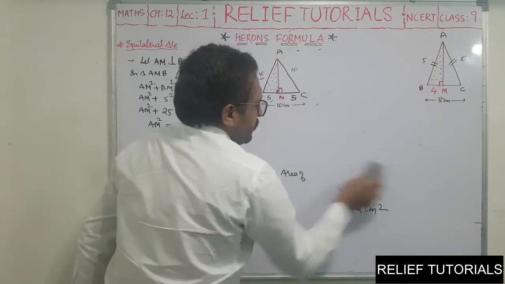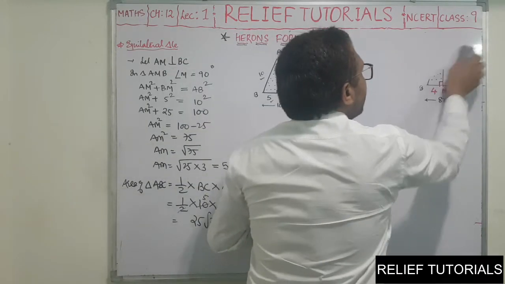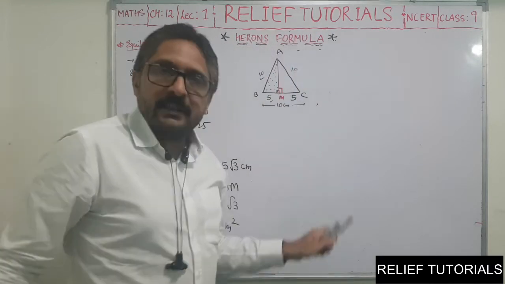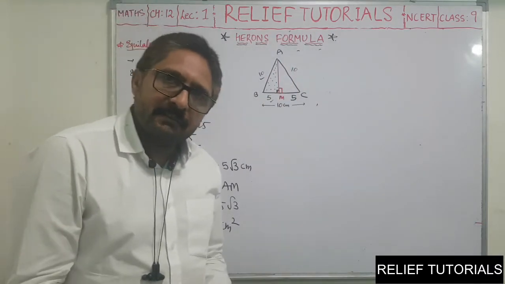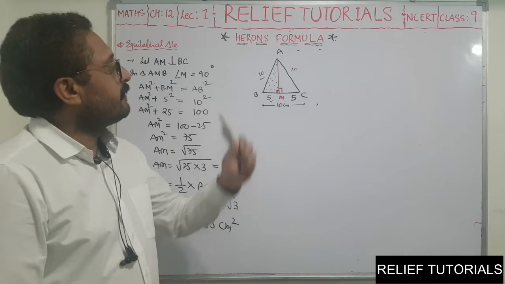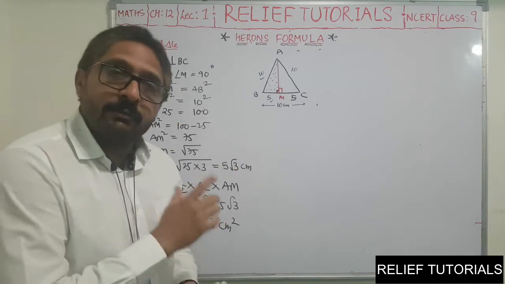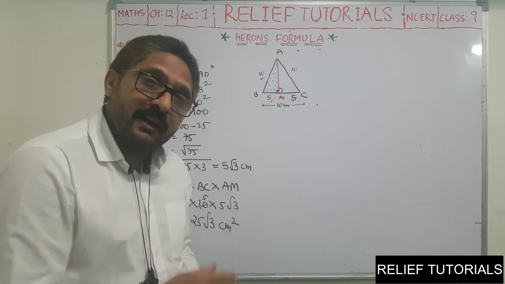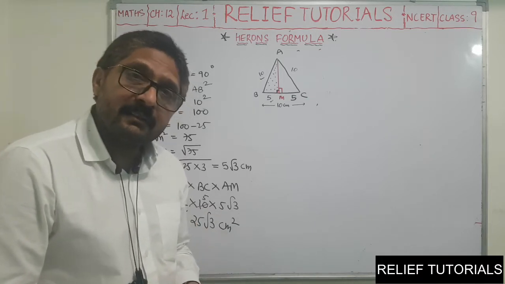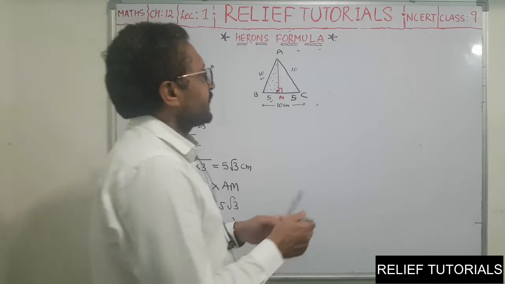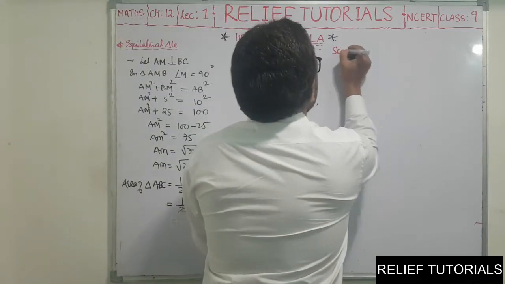So now, you are able to find the area of an equilateral triangle when measures of three sides are given. You are able to find the area of an isosceles triangle when measures of three sides are given. Now we will find the area of a scalene triangle when all three sides are given. Okay, see, we'll take a scalene triangle. You know what is a scalene triangle?